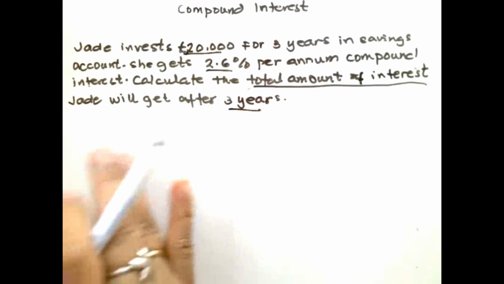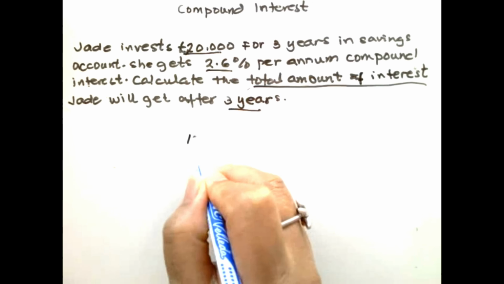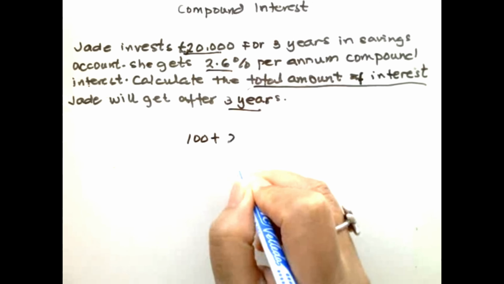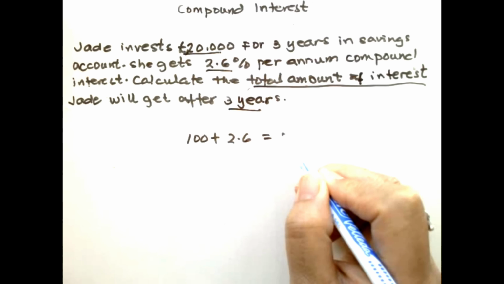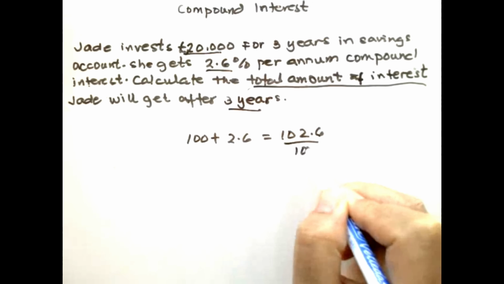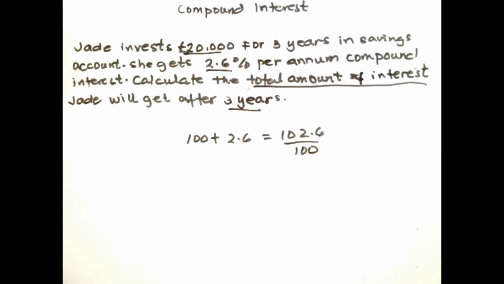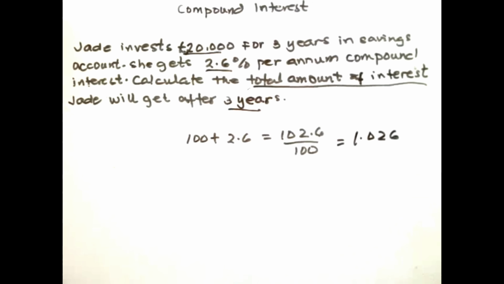Now we're going to calculate the multiplier first again. So 100 plus 2.6%, we have 102.6. We're going to divide it by 100 to convert into decimals, so we have 1.026.